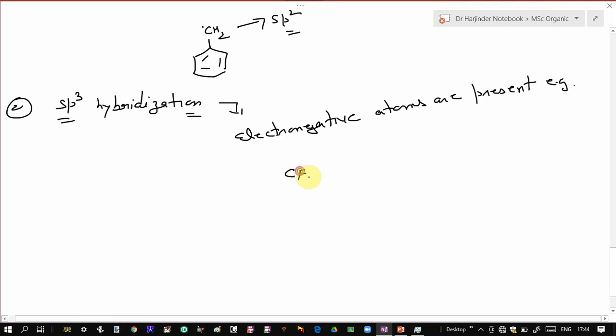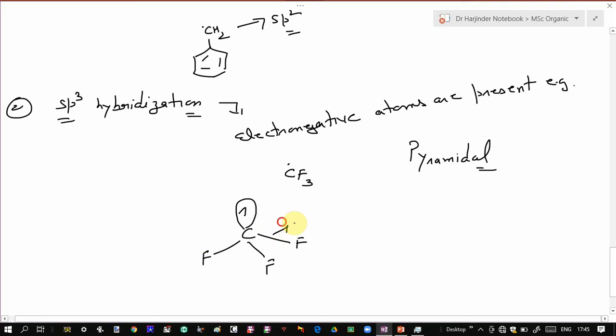For example, the trifluoromethyl free radical has sp3 hybridization, in which this unpaired electron is present in an sp3 hybrid orbital. So in this case they have a pyramidal structure, just like the ammonia molecule. So they have a structure like this. One electron is present in an sp3 hybrid orbital and three covalent bonds are there, and each bond is sp3 hybridized.